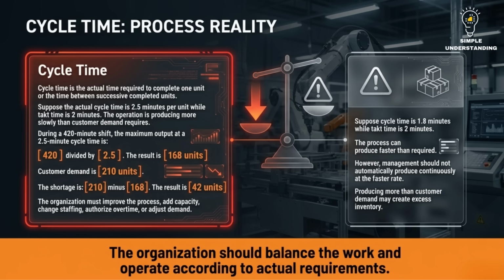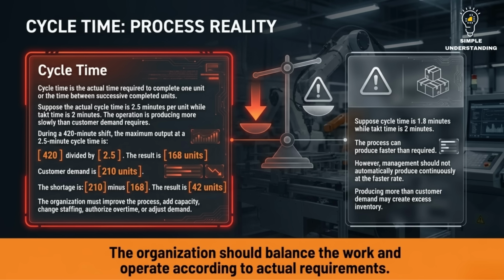The result is 168 units. Customer demand is 210 units. The shortage is 210 minus 168. The result is 42 units. The organization must improve the process, add capacity, change staffing, authorize overtime, or adjust demand.